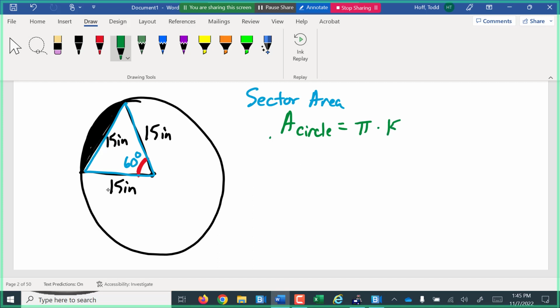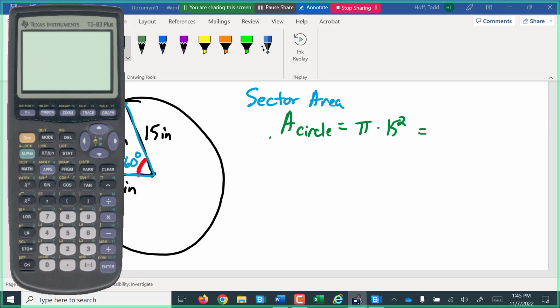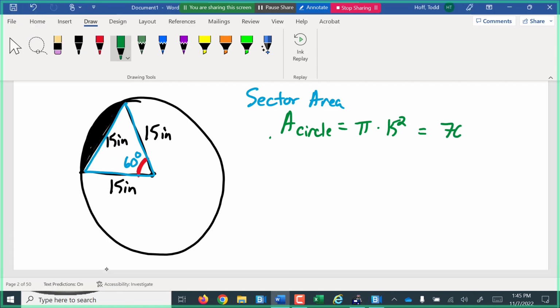Pi times 15 squared. Which gives us 706.5 square inches.